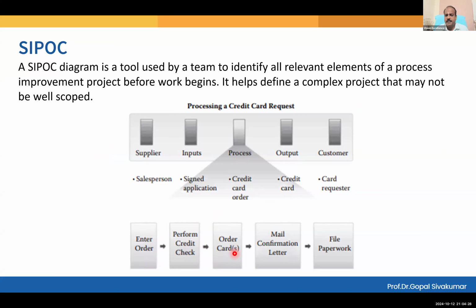Once the card is ordered, the confirmation letter is sent to the customer via email. Then all the application documents and paperwork are filed. There the process ends. Do you now understand the starting point and ending point of the process? This is how processing a credit card happens in the credit card section of a bank.